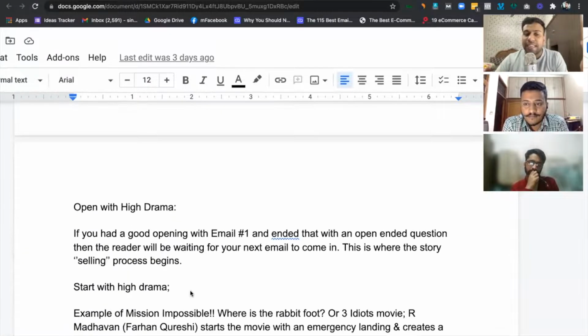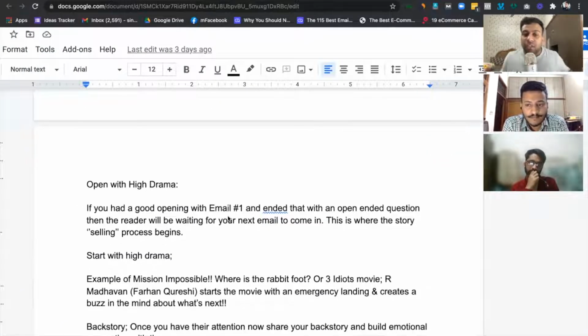Then comes the second email, open with high drama. If you have ended your email one with an open-ended question, that's the crux of this 5-day sequence: you have to end everything with an open end. When we binge watch Netflix series or TV serials, at the last minute everything is open-ended.